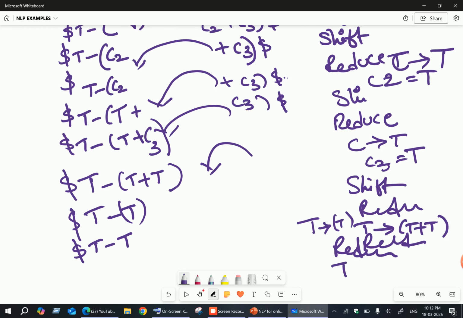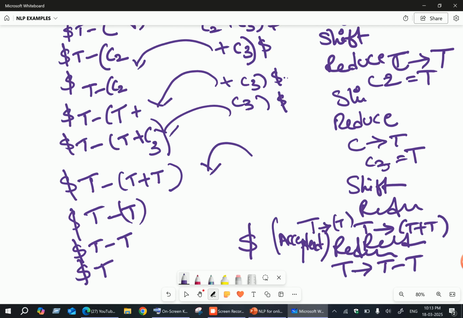So which reduce action? T tends to T minus T. That means finally T. Now here our input is empty. Our action is accepted. So finally we have to solve the shift reduce parsing algorithm like this.